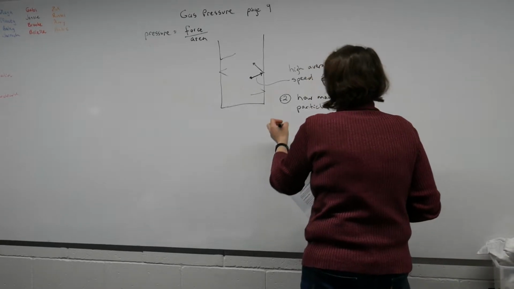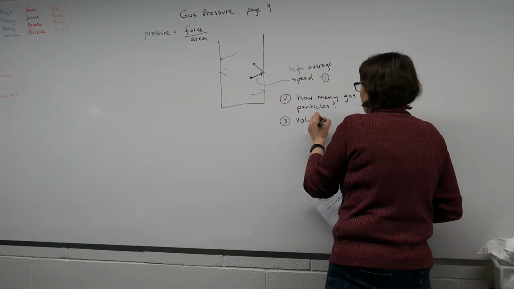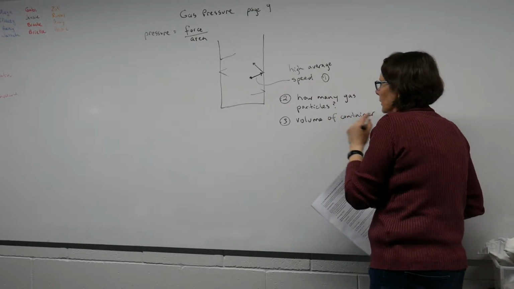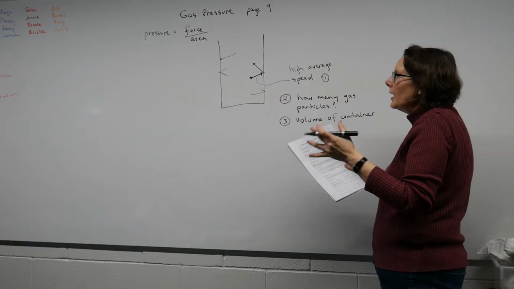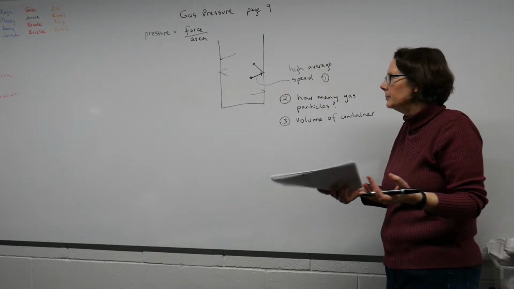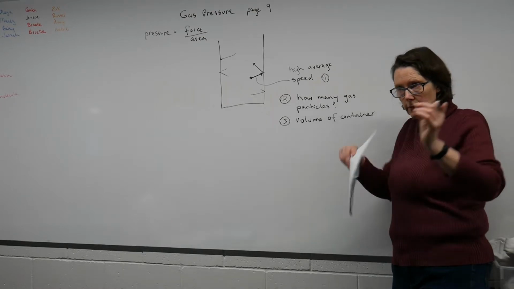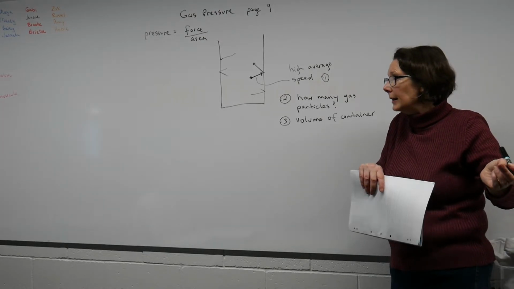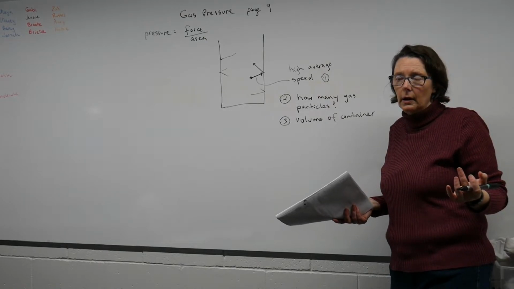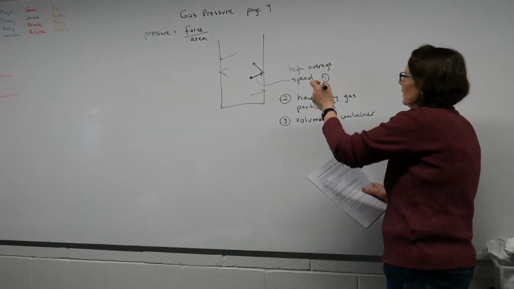And then we've got the volume of the container. That's going to influence it as well. So if I have a set number of gas molecules or atoms in a 1 litre container, and then I transfer them to a 2 litre container, then they've got twice as much space as they had before. And so they're further apart and the pressure will be lower.